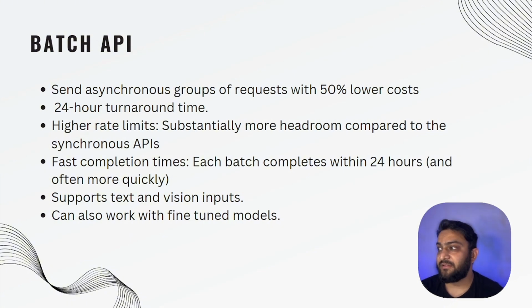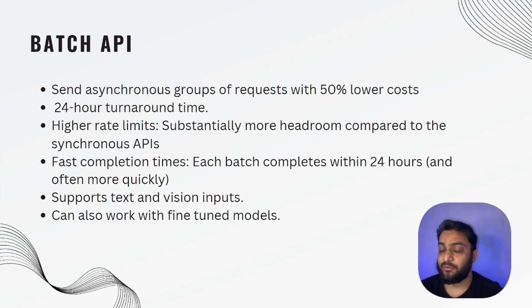Fast completion time. Each batch completes within 24 hours, as I said before, and often more quickly. This API supports both text and vision as input. However, the output would probably be just text, and I believe they also have embeddings, so you can have embedding models do this, and this would be helpful in RAGs, retrieval augmented generation.